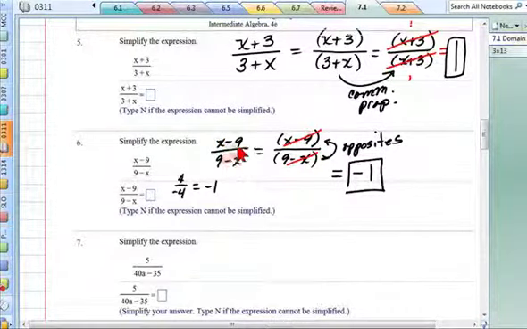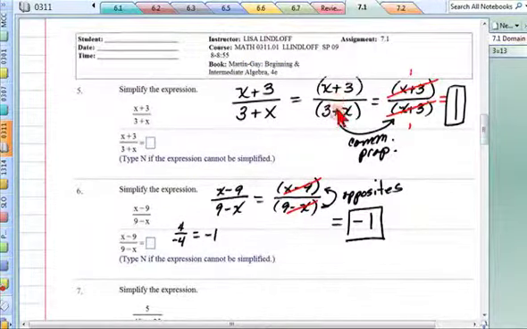It had an x that was negative. The numerator had a 9 that was negative. The denominator had a 9 that was positive. They were opposites. All right? So, you're hoping to see either identical factors or opposite factors so that you can divide them out.